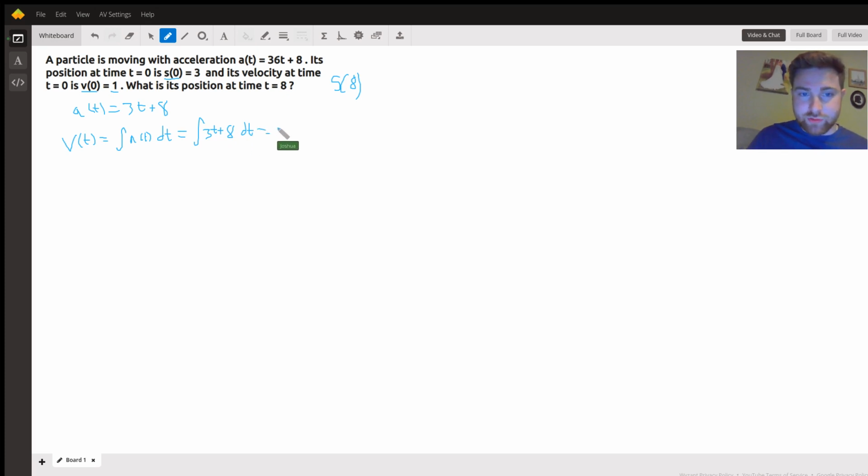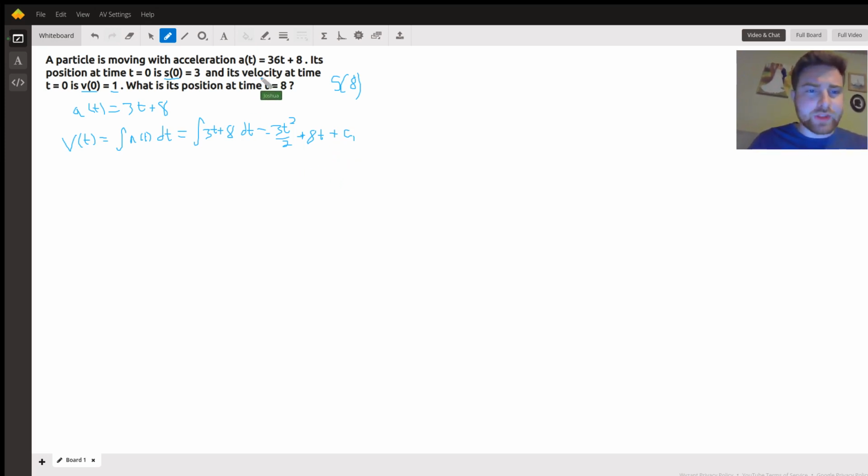That's going to be 3t squared over 2 plus 8t, and then we have to add a constant. I'm going to call it C1 because we're going to have to do it again, so it's going to be a different constant.